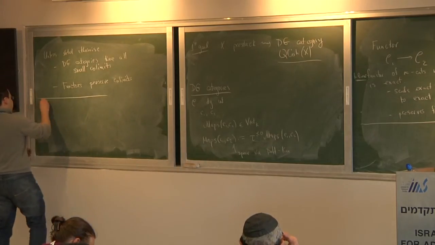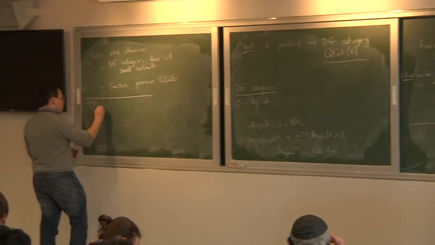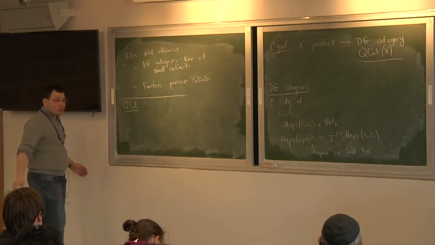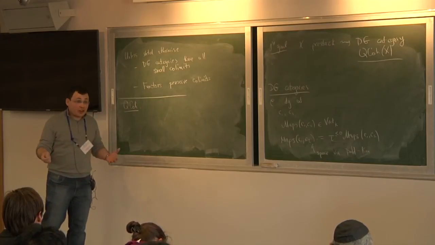So, quasi-coherent sheaves. Well, what do we want these things to be? The starting point is that we're building everything out of affines.